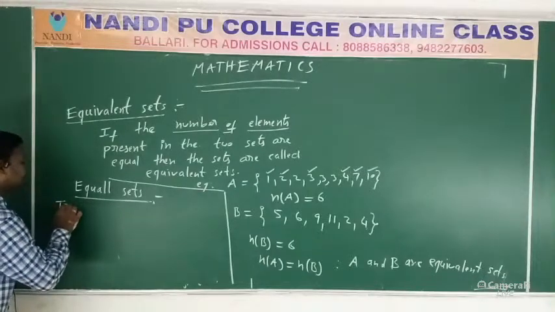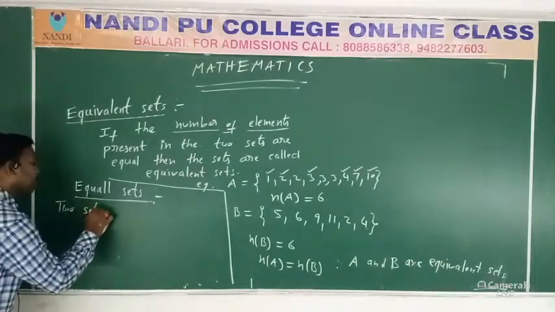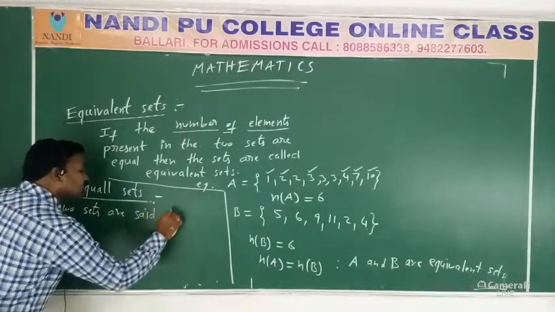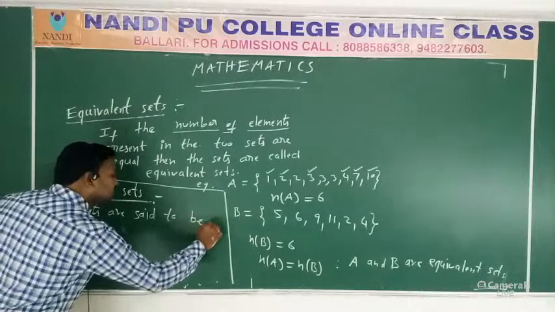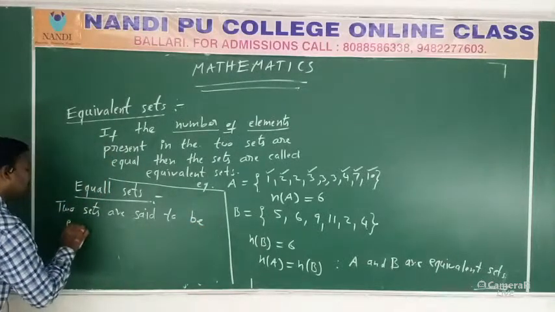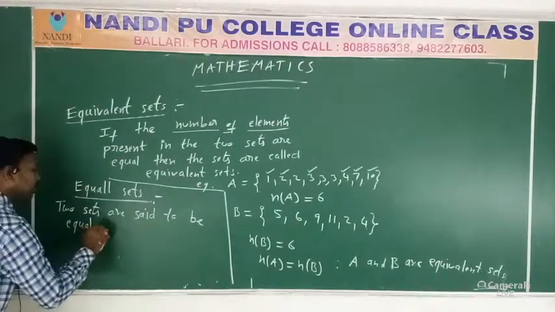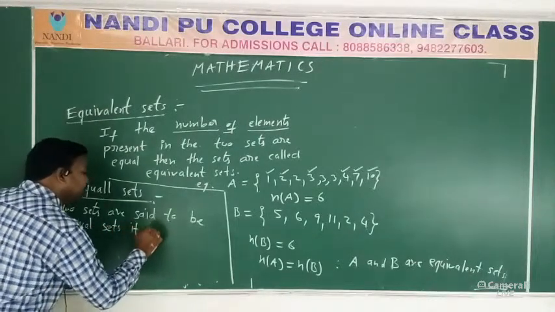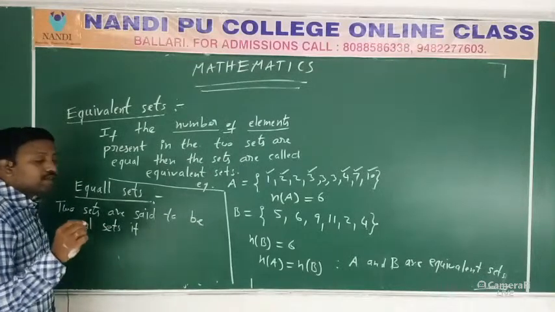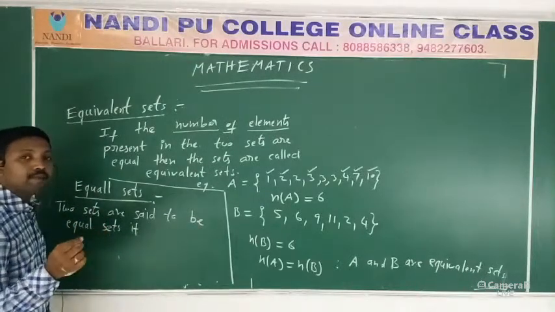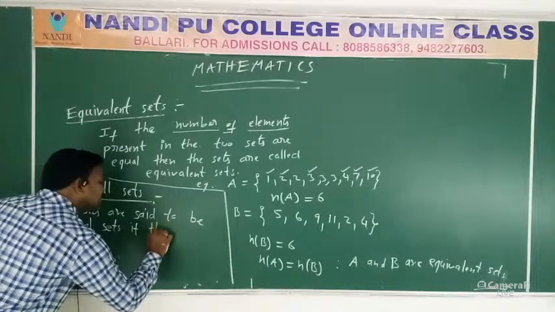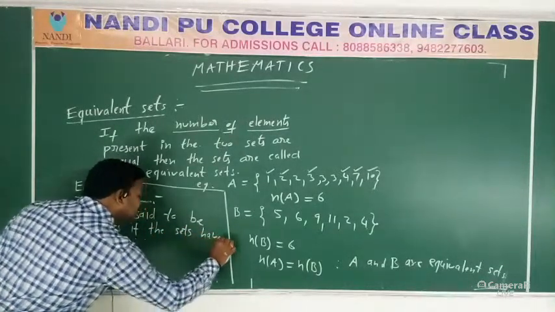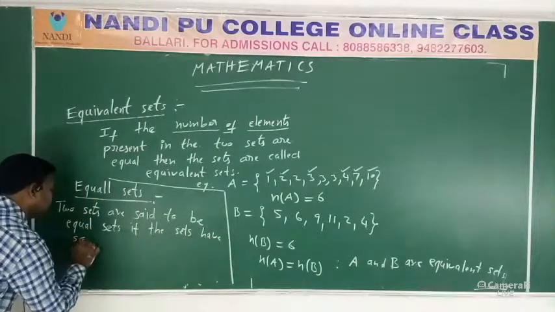Two sets are said to be equal sets if the two sets have the same elements.